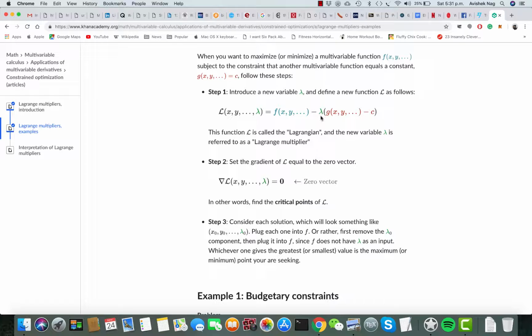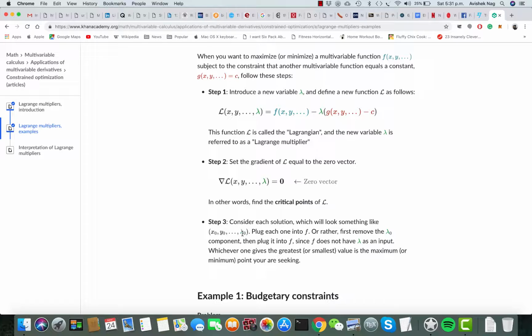So you can write this constraint as g minus c and then multiply it with the multiplier lambda, and then you obtain the new function L, and then you minimize or maximize that function by setting the partial derivative or the gradient of that function to 0, and then find the solution, and then find the particular solution that gives you the maximum or the minimum that you are looking for.